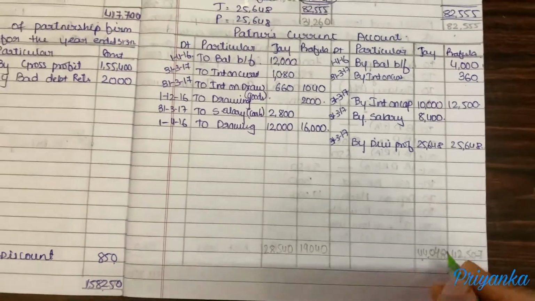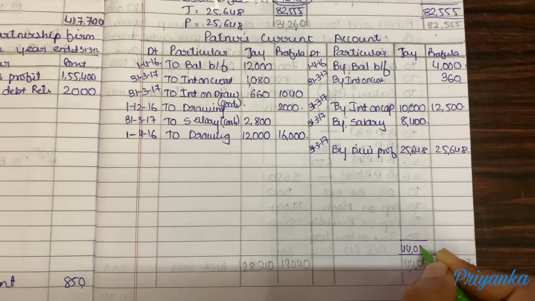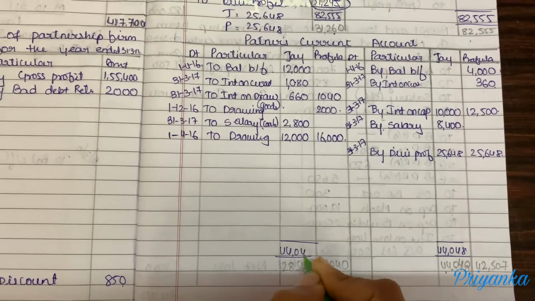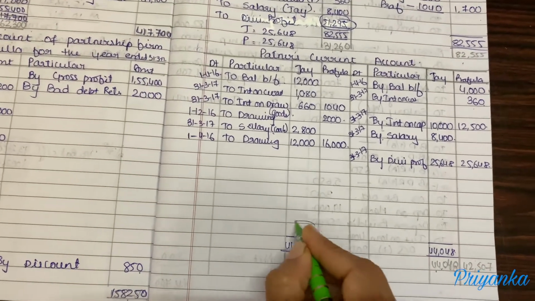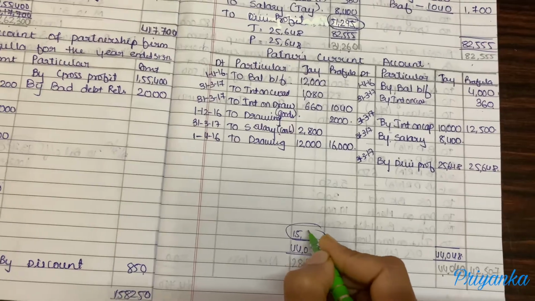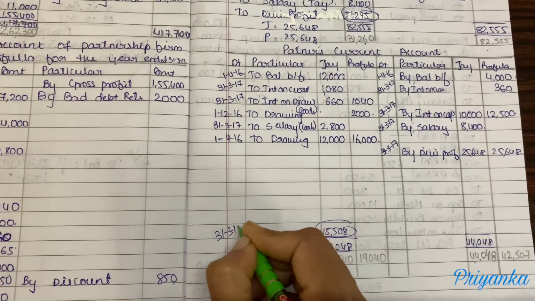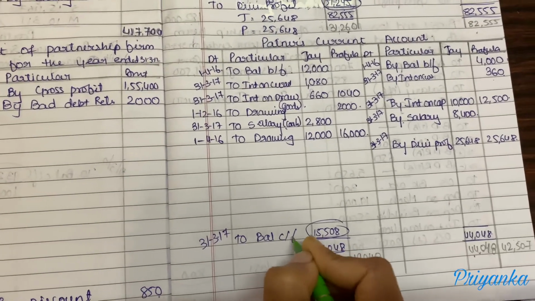Here we can see this one is more, so we'll write down 44,048 on both sides and minus this amount, we'll get 15,508, and that's our closing balance.